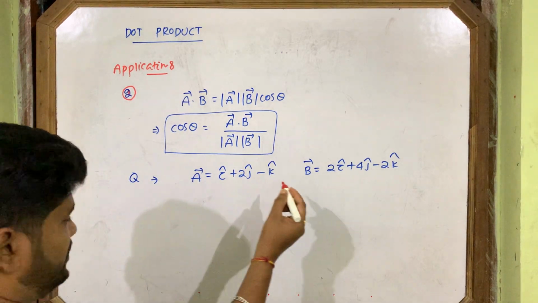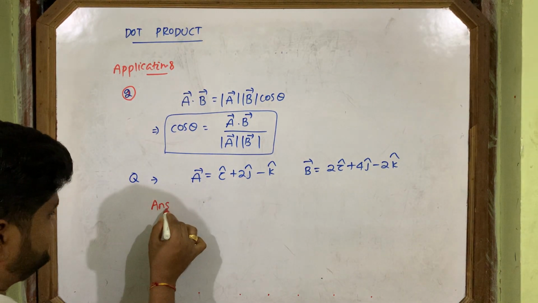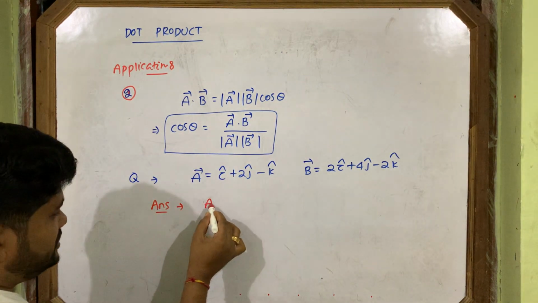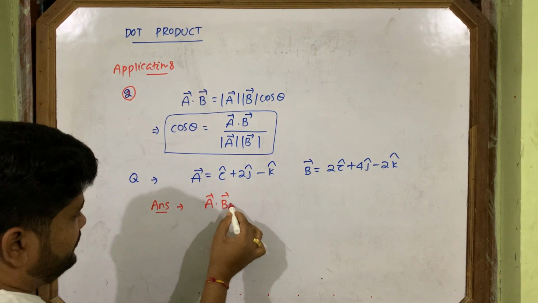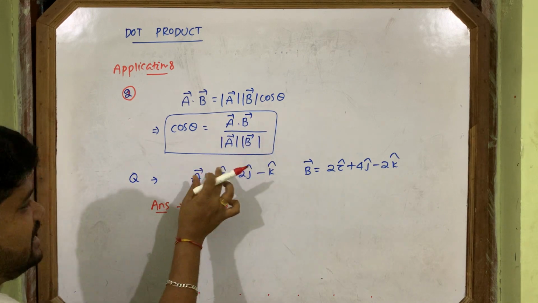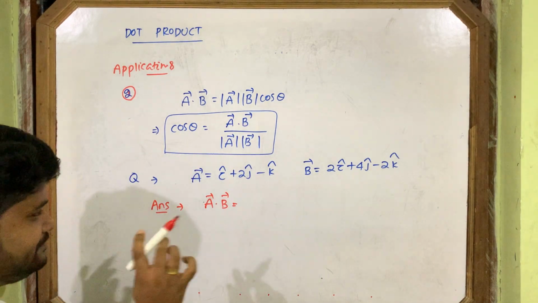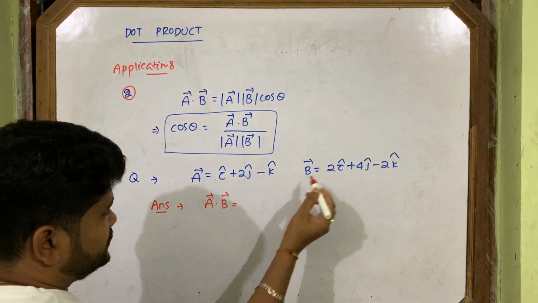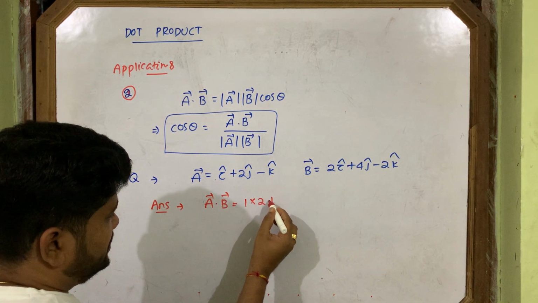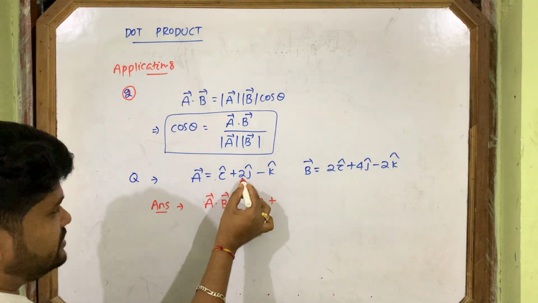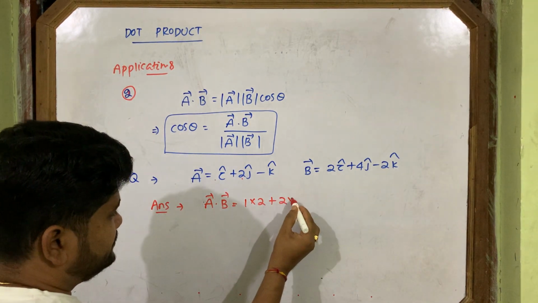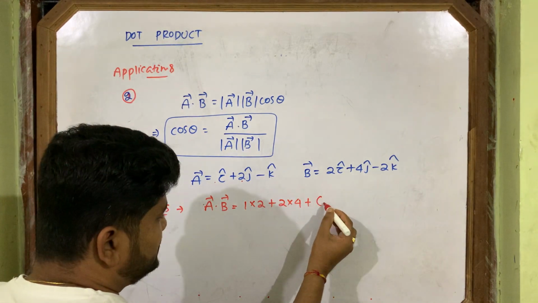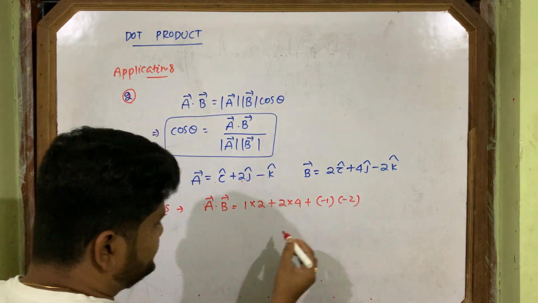So now let's do it. First you find a vector dot b vector. You find its components. After that you put them in the formula. A dot b is ax bx, 1 times 2, plus ay by, 2 times 4, plus az bz, minus 1 times minus 2.